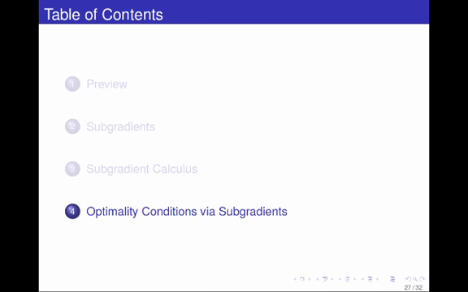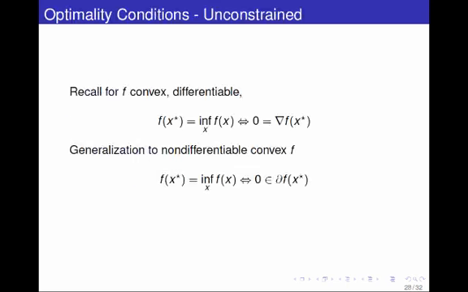The last thing I want to tell you before we take a break is optimality conditions. The optimality conditions just generalize the optimality conditions of usual gradients. We know that for differentiable functions in convex optimization, the necessary and sufficient condition for optimality is that 0 is equal to the gradient of f. The same is true for subgradients.